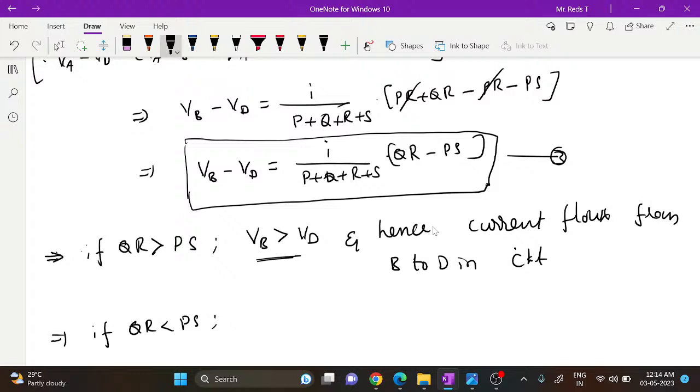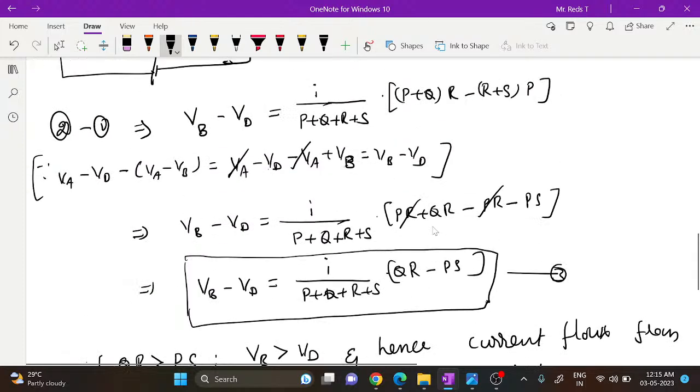Negative value means VB minus VD is negative, so VD will be greater, VB will be lesser. That means VB will be less than VD.